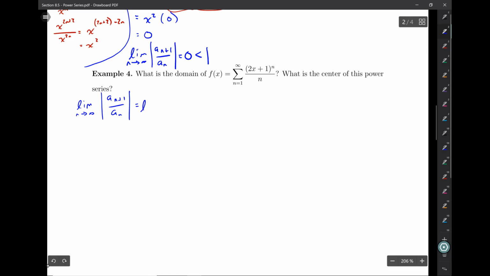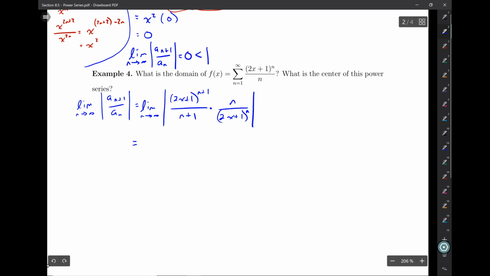In this case, we get a limit as n approaches infinity of, well, a sub n plus 1. That's going to be (2x plus 1) to the power of n plus 1 over n plus 1, multiplied by the reciprocal of a sub n, which is n over (2x plus 1) to the power of n. So here's our limit for the ratio test.